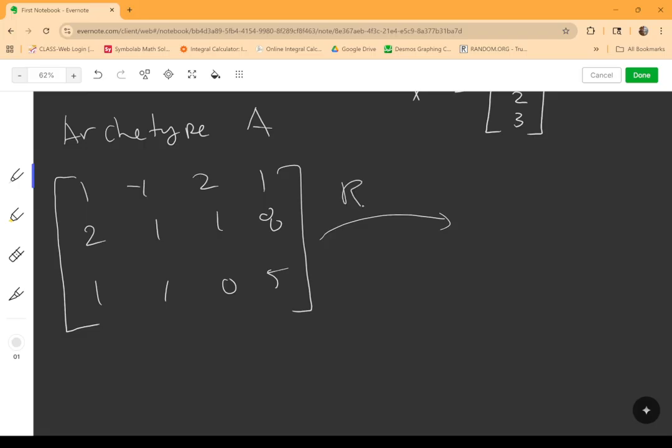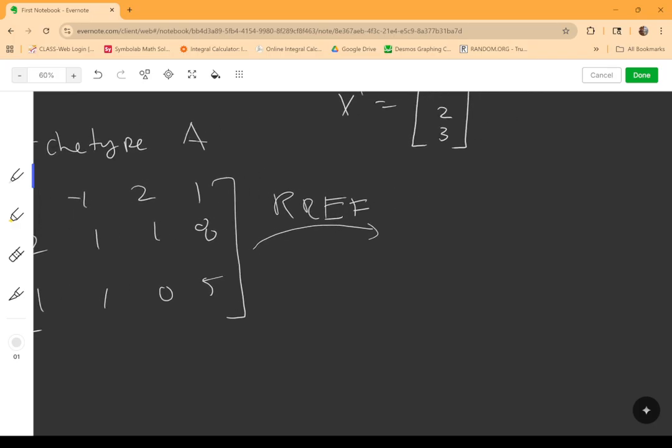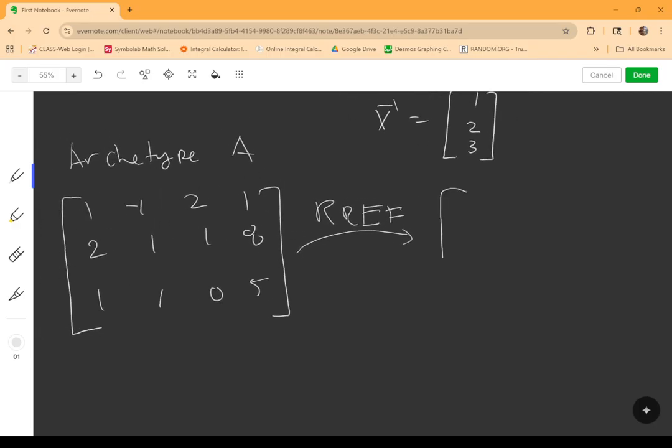So we reduce this, we do a bunch of row operations, and the reduced row echelon form looks something like this.